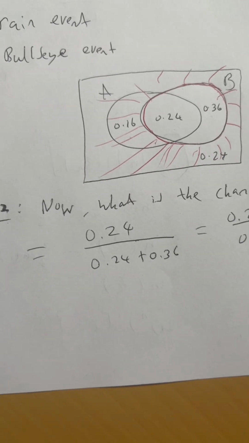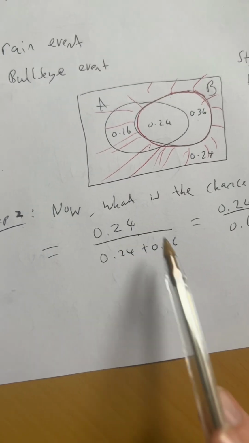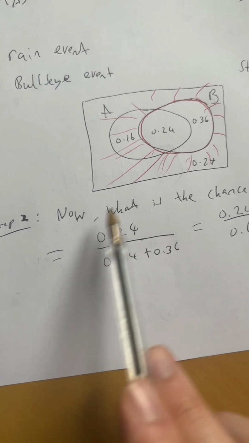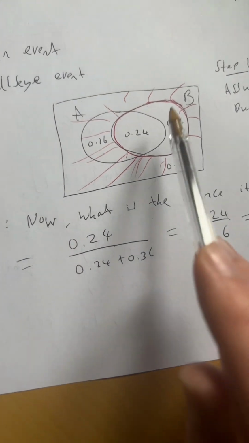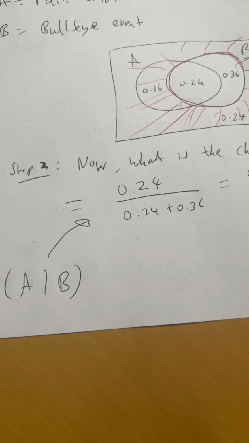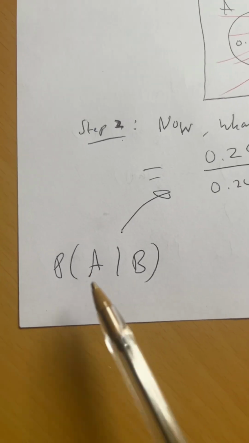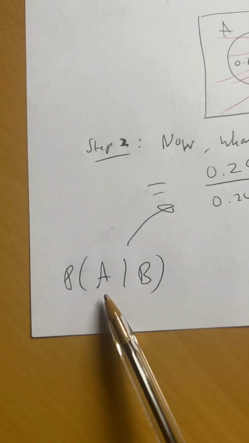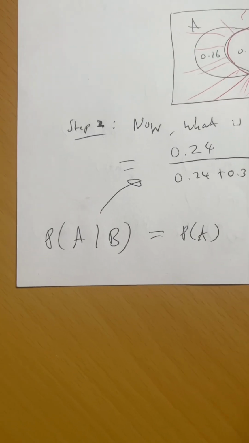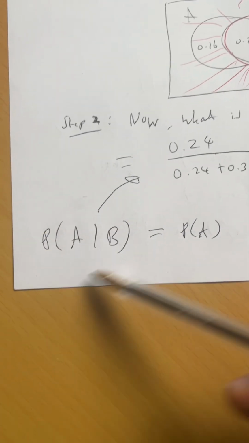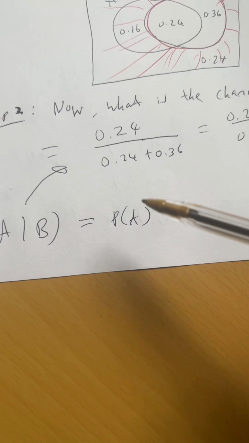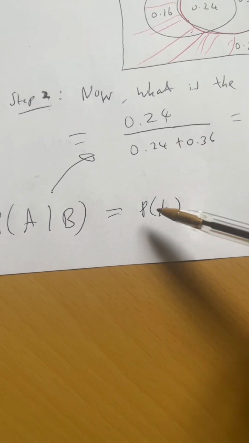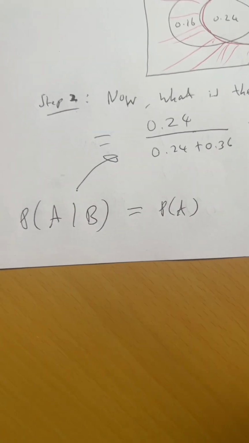Now let's make things a little bit more formal. This calculation was the probability of raining given that we hit a bullseye. In mathematical notation, this is the probability of A given B. What we identified was that this conditional probability was equal to the original probability, so these events must be independent.